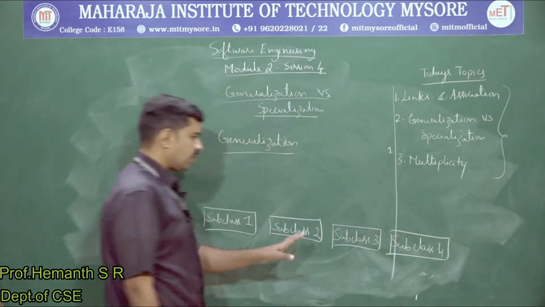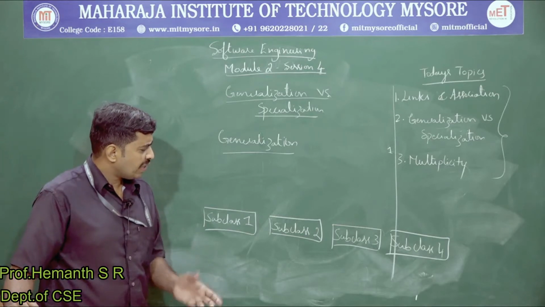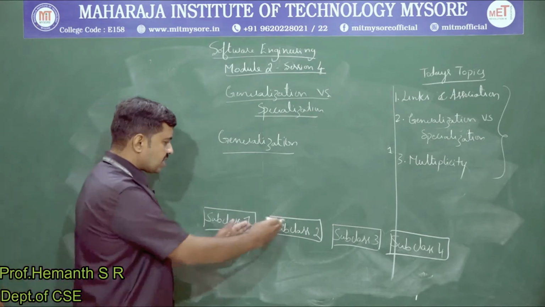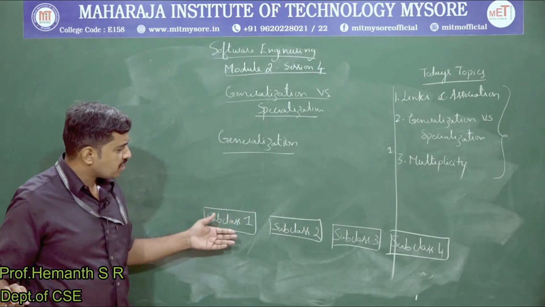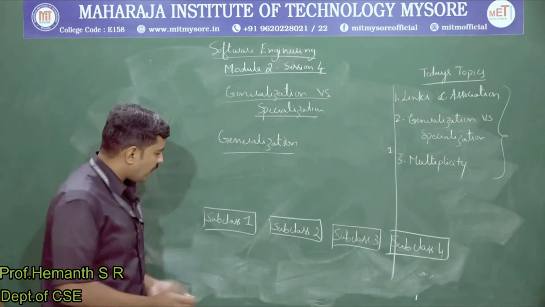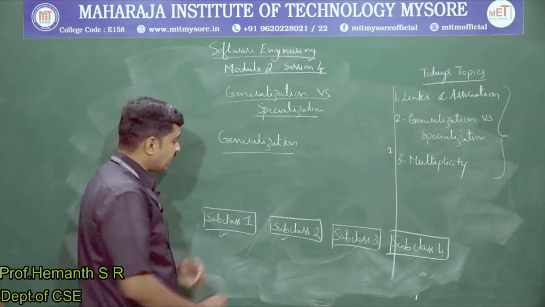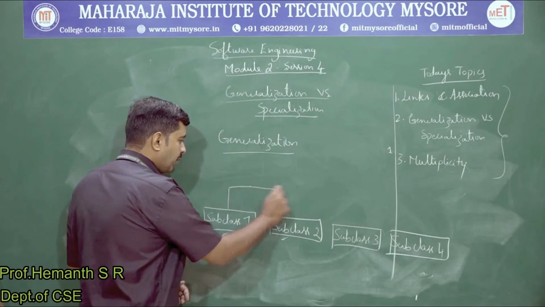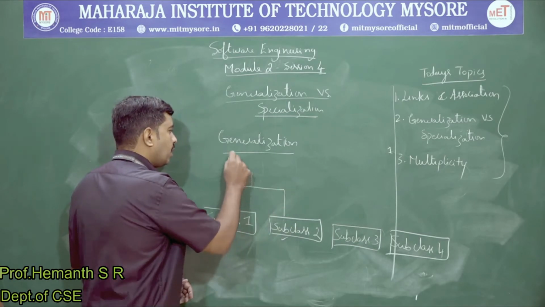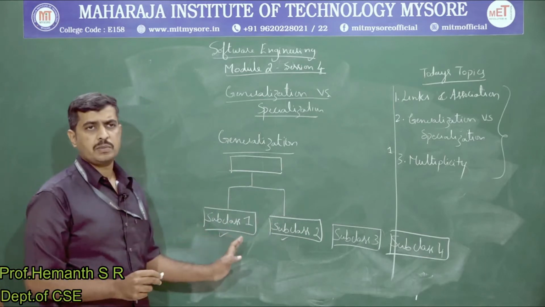So in my example there are 4 subclasses. Now we will assume subclass 1 and subclass 2 have attributes and operations which are closely similar to one another. So a few attributes in subclass 1 can be combined with subclass 2. In that case, I'll combine these and create a generalized version of these two subclasses.